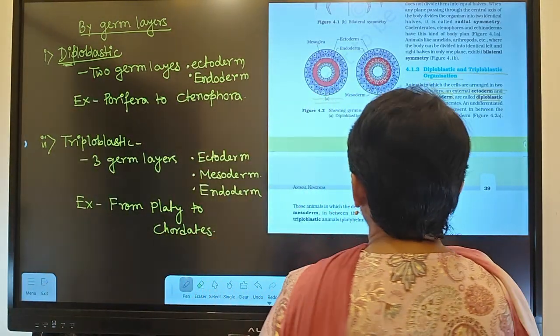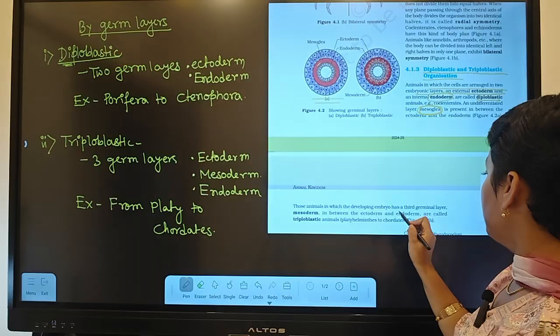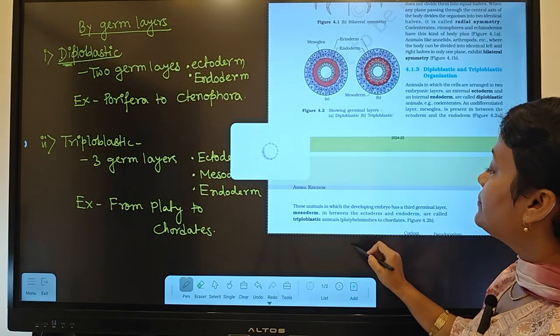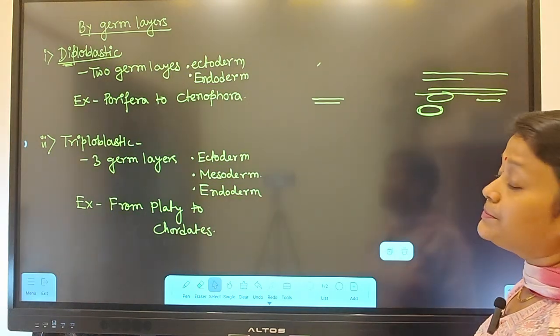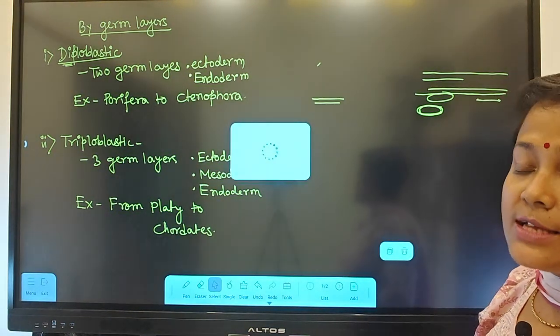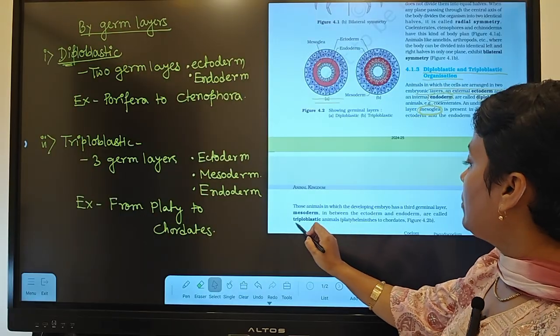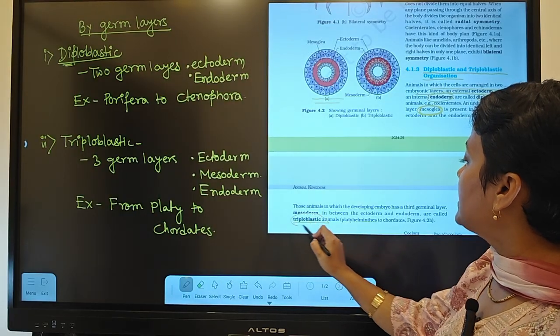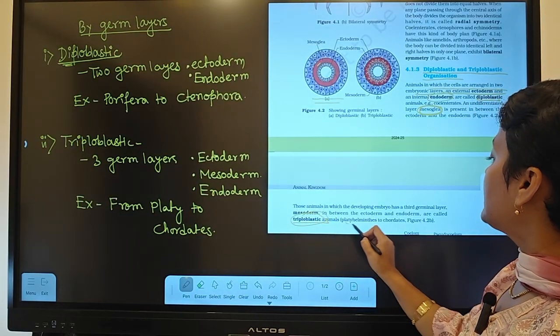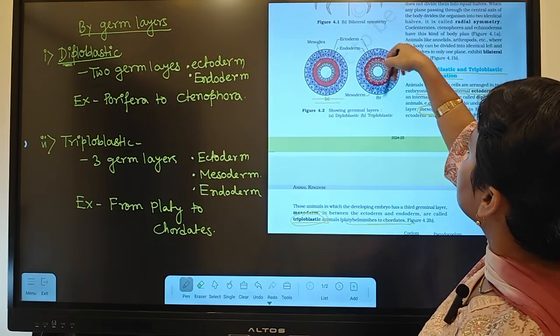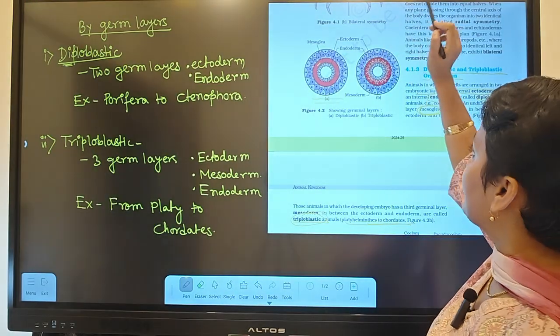But if the developing embryo has a third layer called mesoderm, then it is called triploblastic, from Platyhelminths to chordates.